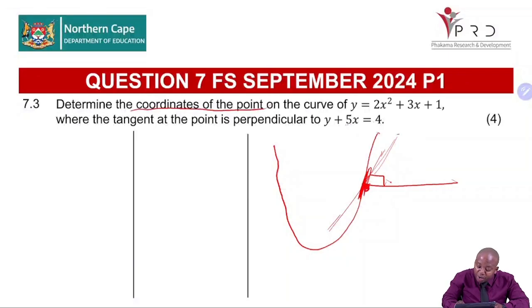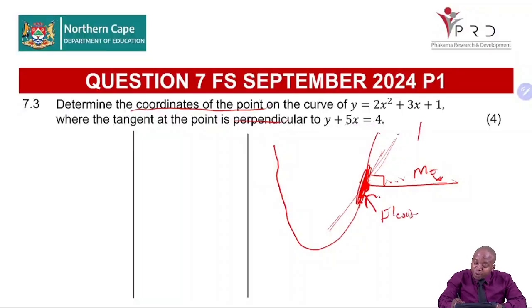How are we going to find the coordinate of this point? We are going to do two things. We are going to equate the gradient of the two. We're going to find the gradient of this line, which is that line perpendicular there. And we're going to find the gradient at a point where we're going to use the first differential.